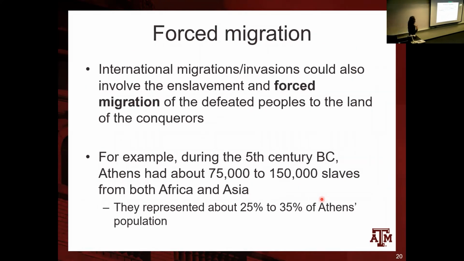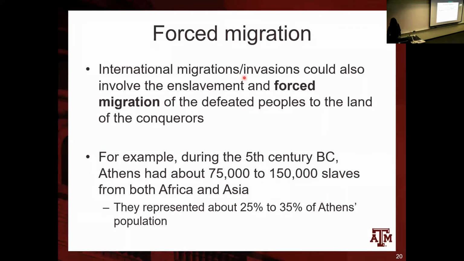And we also see forced migration. International migrations or invasions could also involve the enslavement and forced migration of the defeated population. So the conquerors of a specific population, when they won a war, would take the people who lost the war and use them as slaves in their societies.